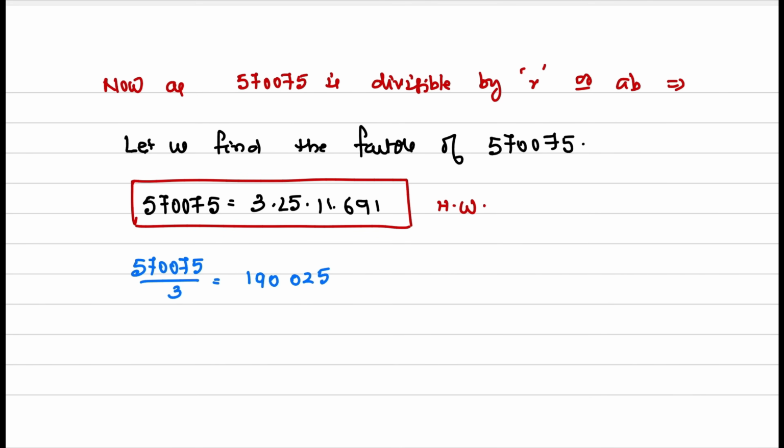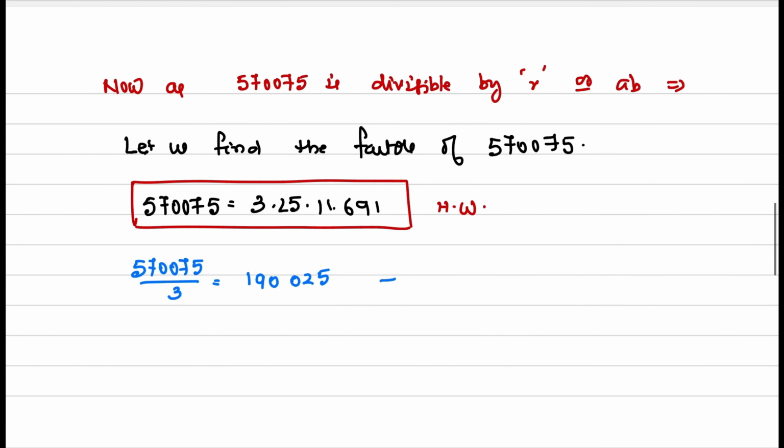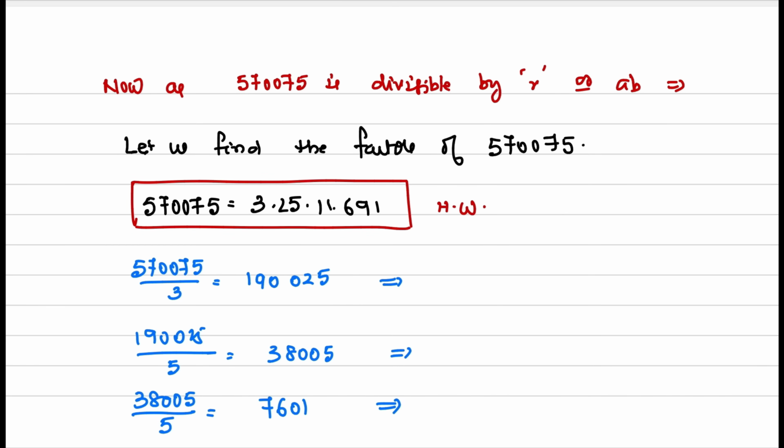Because last digit is 5, it should be divisible by 5. 190025 divided by 5 is 38005. Again it is divisible by 5. We are starting with the smallest possible factor. From 3 we have started, and we are going our journey towards 5.